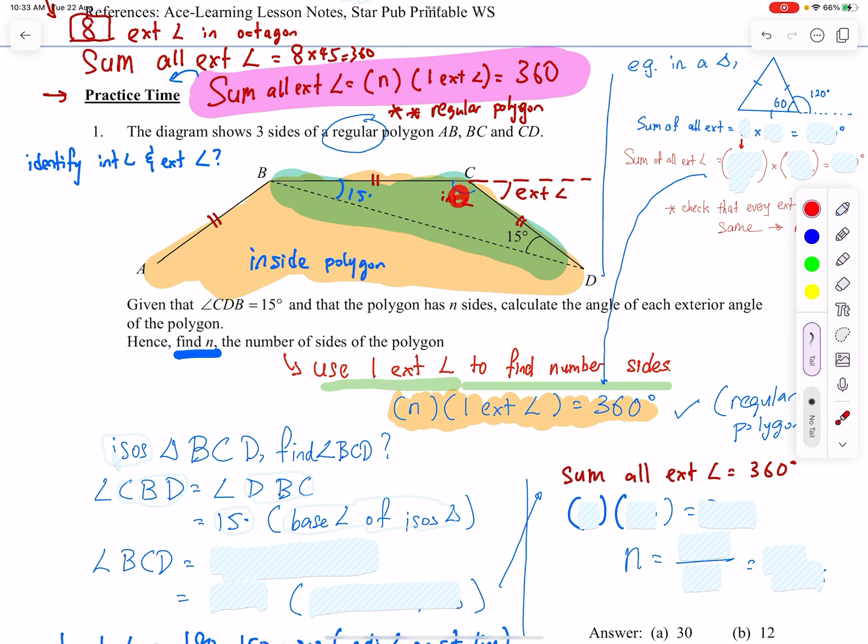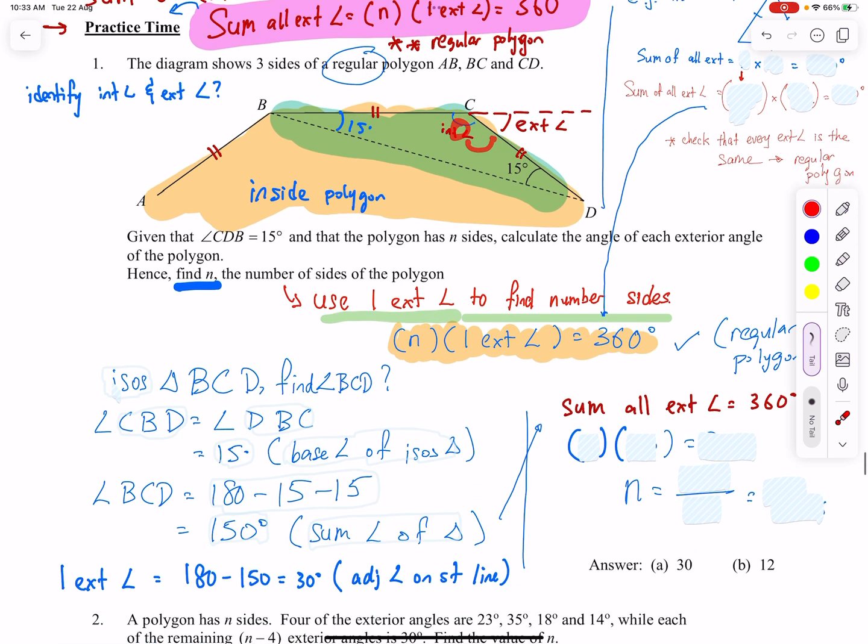One is I find the interior angle, then 180 minus interior angle to get the exterior angle, adjacent angles on a straight line. So this is one exterior angle. I know n times one exterior angle, which is 30, is 360. How to find n? I just divide by 30 and I get 12. Yay! So this is how I get the number of sides.